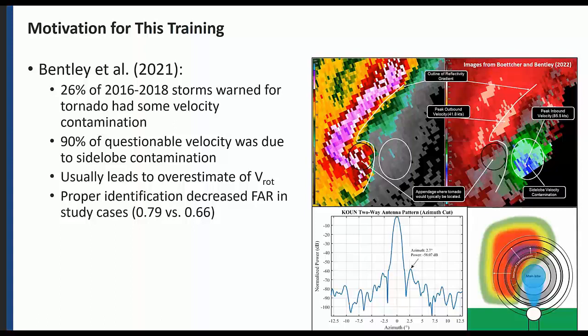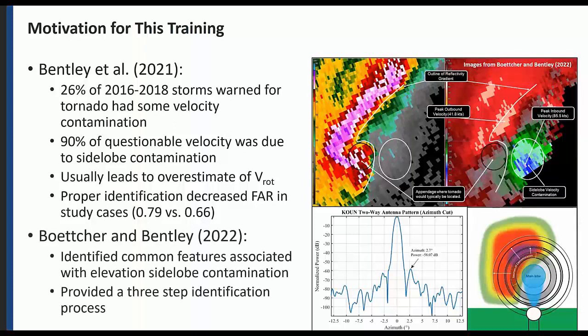And in their study, they found it was a drop of about 0.8 down to about 0.66, so definitely significant. So after that paper, one of our former instructors, Jamie Boettcher, and Bentley got together and they identified some of the common features and even came up with a 3-step process for identifying side lobe contamination when it occurred. So we've then taken that recommendation and put it into training.